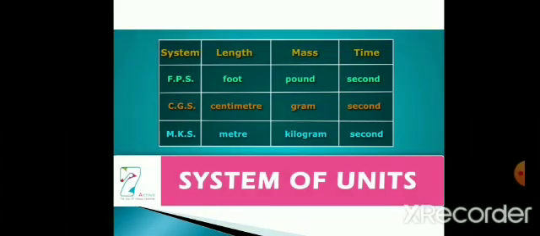In CGS system, length will be expressed in centimeter, mass in gram and time in second. In MKS system, length will be expressed in meter, mass in kilogram and time in second.